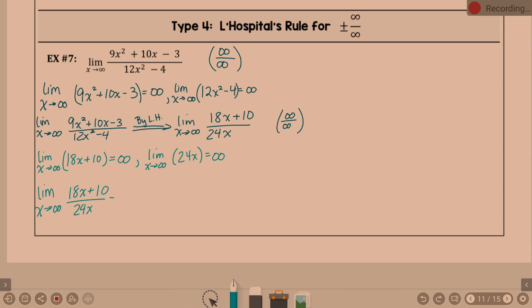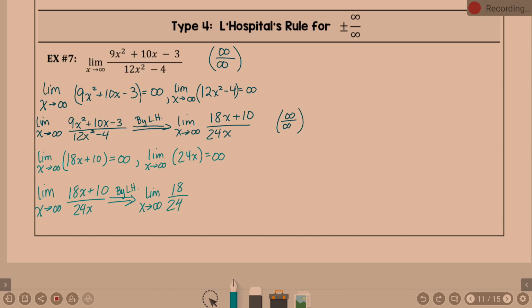So we can proceed by using L'Hopital's again. The limit as x approaches infinity: what do we get? The derivative of 18x is 18, the derivative of 10 is 0, over the derivative of 24x, 24.